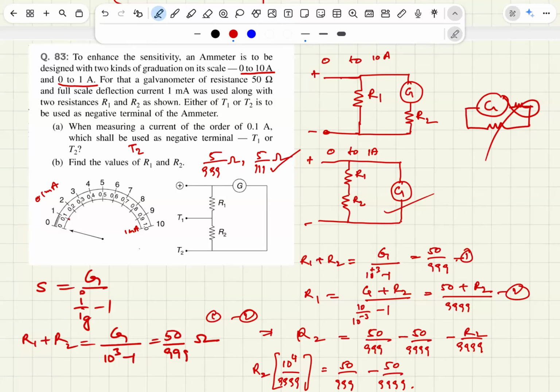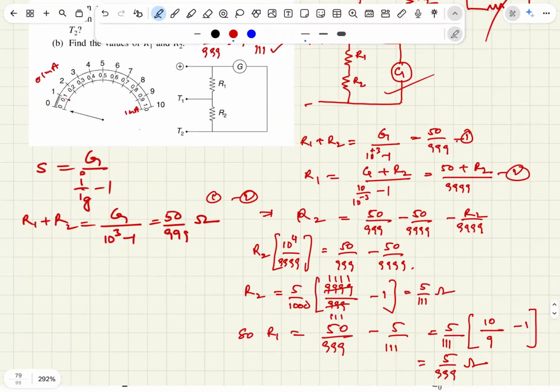You want more I by Ig, then prefer less shunt. So therefore, what will happen in that case is R1 plus R2 is equal to G by I by Ig minus 1. This is for 0 to 1 amp.